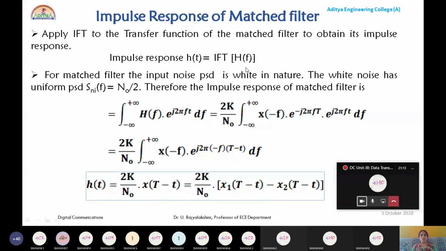I think you know what a transfer function is: it is defined as the ratio of output voltage magnitude to input voltage magnitude in the frequency domain. For the matched filter, the input noise power spectral density is white in nature, so we replaced SNI of f as N0 by 2 and took the same expression for calculating the impulse response. So generally, what is the inverse Fourier transform expression?